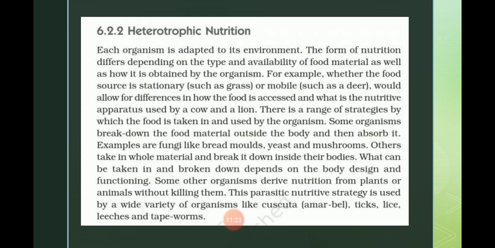Examples: lion, tiger, etc. Third is the omnivorous type of organism, which depends on both plant-like nutrients and animal flesh-like nutrients for food. Examples of such organisms are crow, bear, monkeys, dogs, etc.